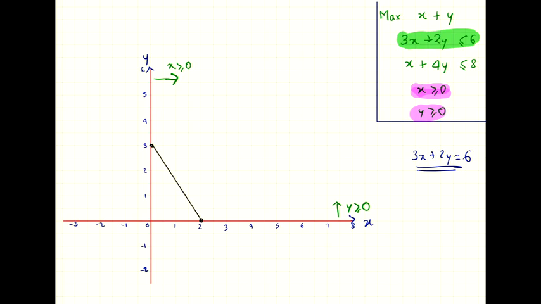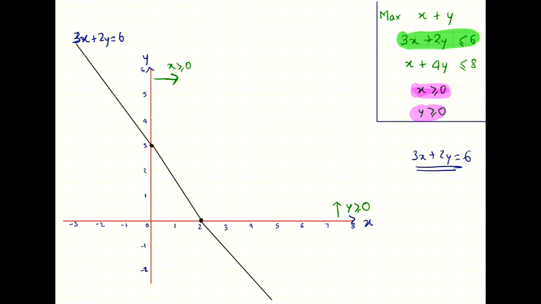Extend this out. It's not straight enough, but it's okay. So this is the line 3x plus 2y equal to 6. Along this line, for every point x and y, 3x plus 2y is equal to 6.